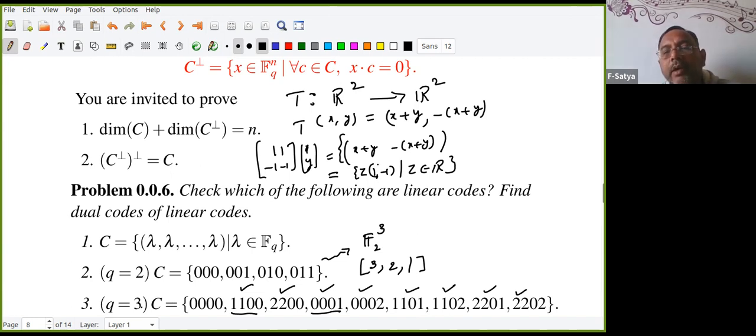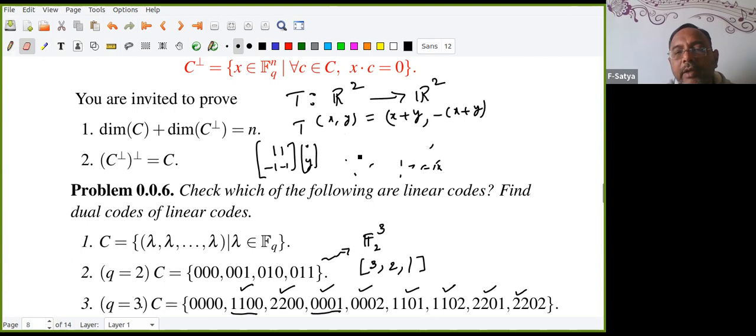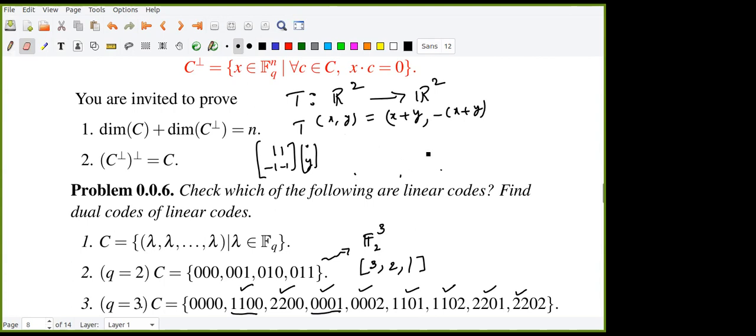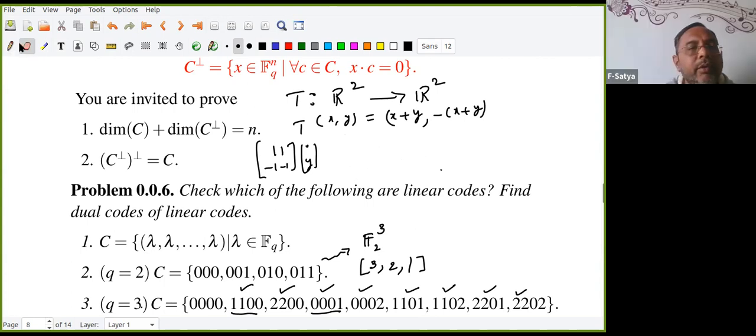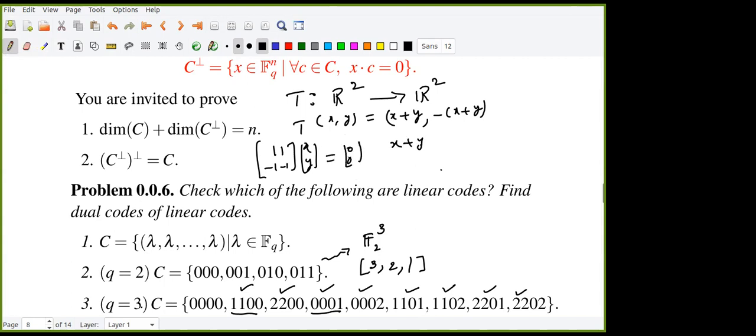What is the null space of this one? What are the vectors that go to 0? Let T of (x, y) equal (0, 0). That means x plus y is equal to 0, so x is equal to minus y. So how do you write all the vectors (x, y) such that x plus y is equal to 0?